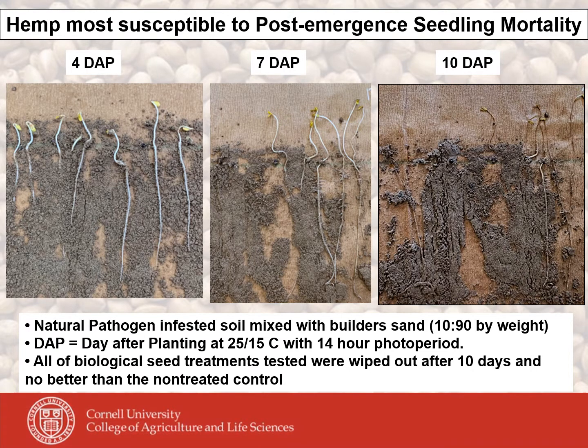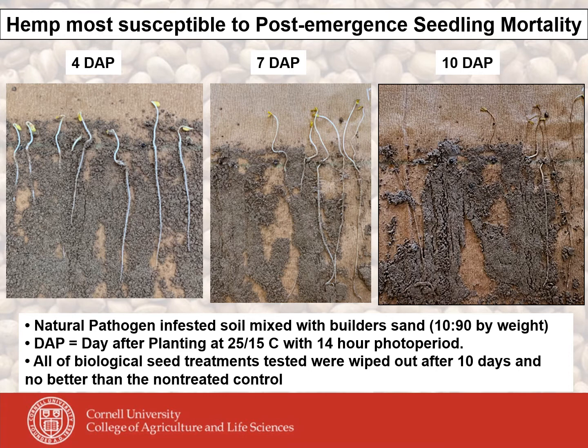So first, let's look at what happens to seeds after they're planted. We start off here in the laboratory to look at hemp seeds, which germinate very rapidly. In this pathogen-infested soil that we have sprinkled over the top during the germination process, after 4 days, the seeds germinate very rapidly.